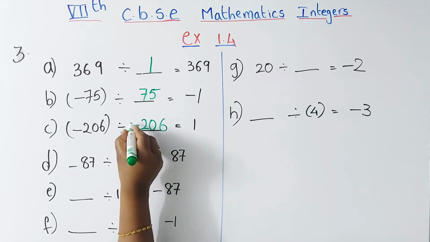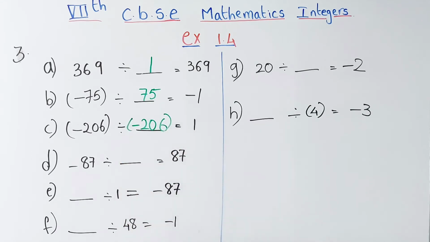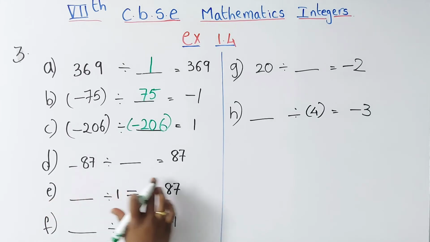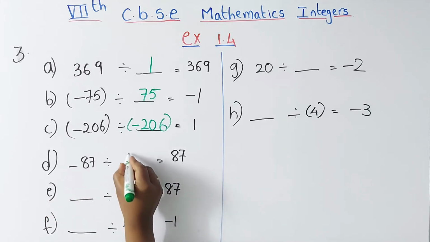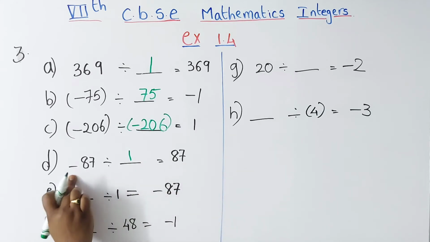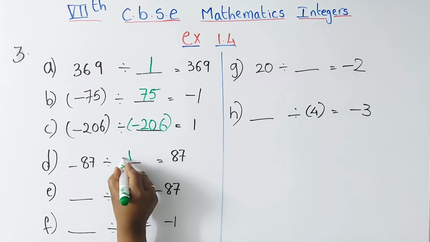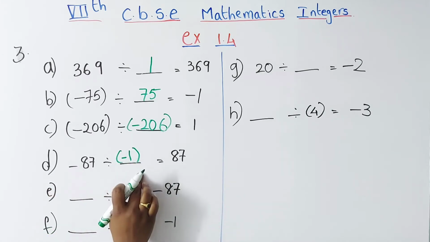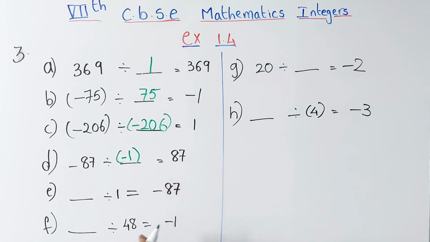So here also we should have minus. Question D, children, minus 87 divided by dash equal to 87. It is 1. 87 divided by 1 equal to 87, but minus is here. So here also minus. Now minus 87 divided by minus 1 equal to plus 87.